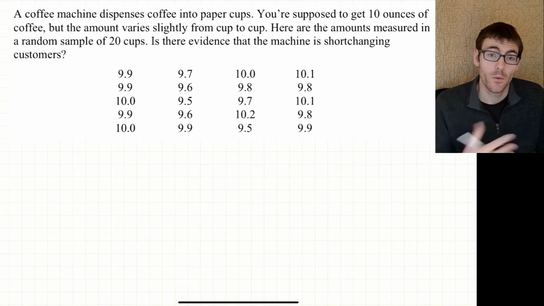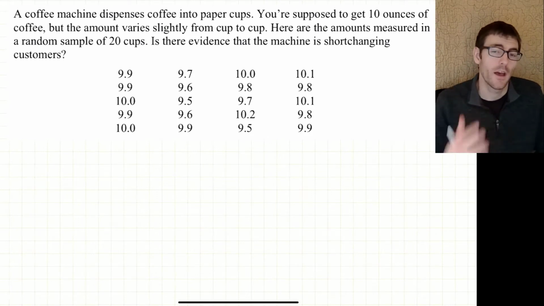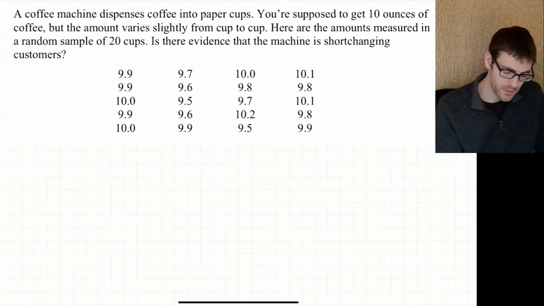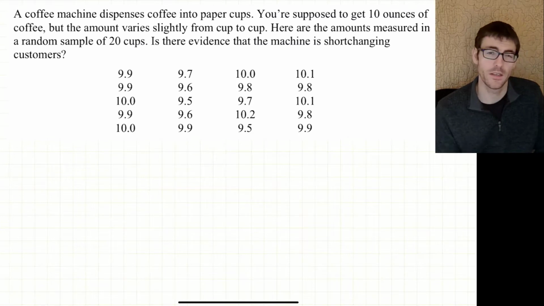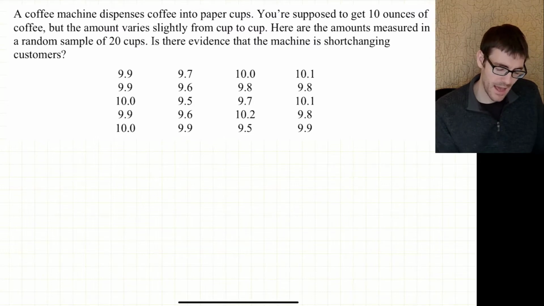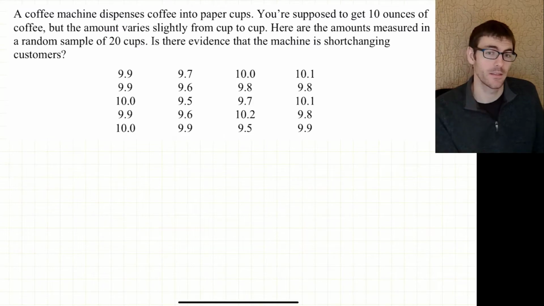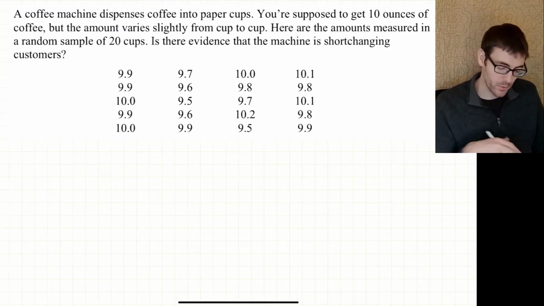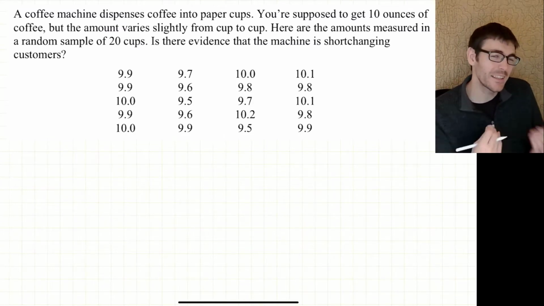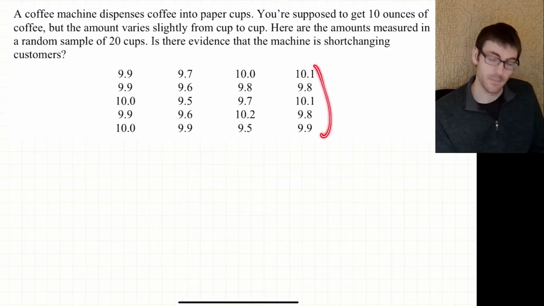Okay, the example I want to do for this quantitative hypothesis test is extremely similar to the question that we did last week, where we were trying to build a confidence interval around how many ounces of coffee we think that this coffee machine dispenses. Today, we're going to be answering a slightly different question, but with the same data.